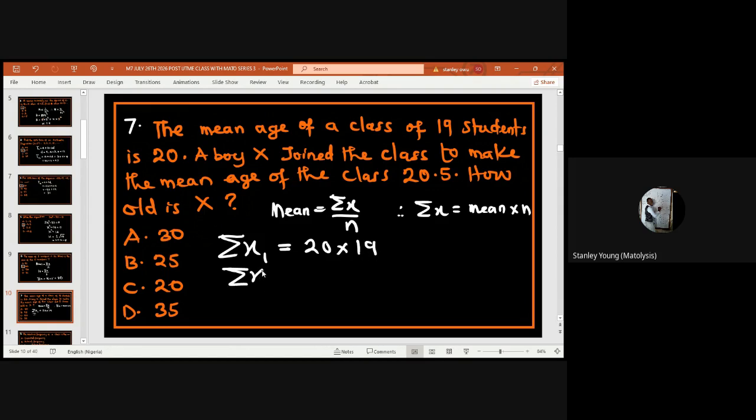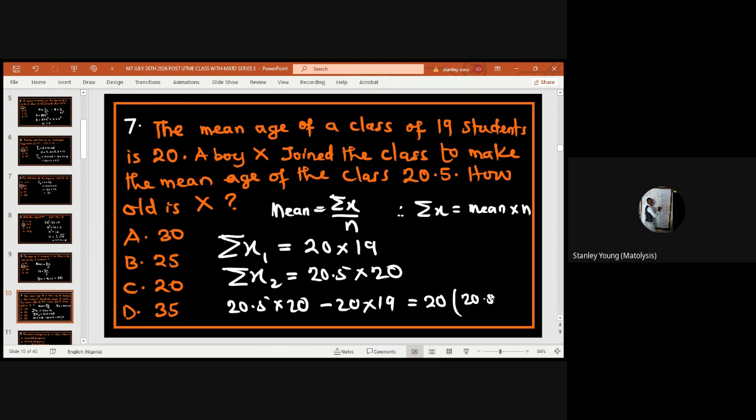The second summation, let's call that summation x2, is the new mean 20.5 times the new number of students, 19 plus X that joined them, that's 20. The subtraction is going to be 20.5 times 20 minus 20 times 19. As a smart student, you want to write this as 20 times 20.5 minus 19, because 20 is common. So that's going to be 20 times 1.5, and that's 30. So the age of X is 30.